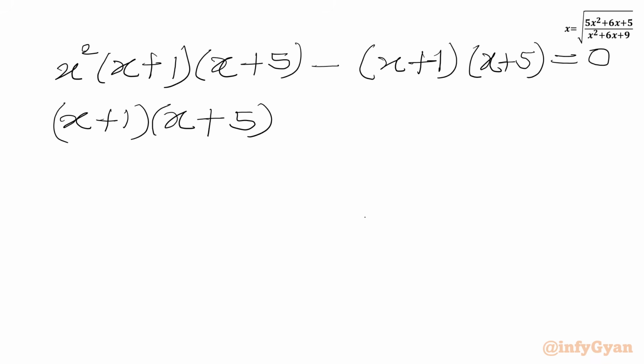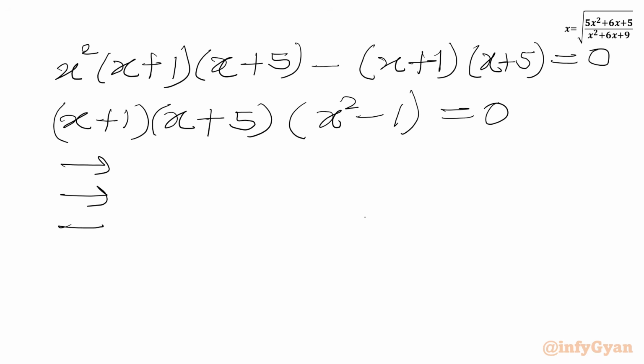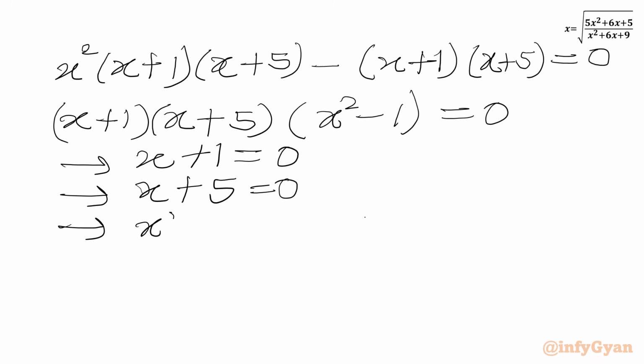So in other bracket, we'll write x square minus 1. Now we have to use product zero rule. So we can write three equations. Either x plus 1 will be equal to 0, or x plus 5 equal to 0, or x square minus 1 equal to 0.